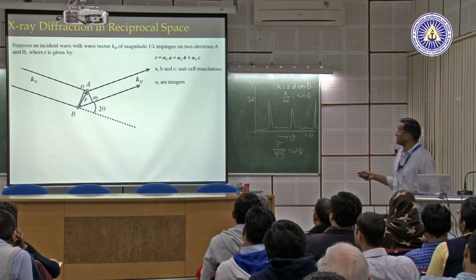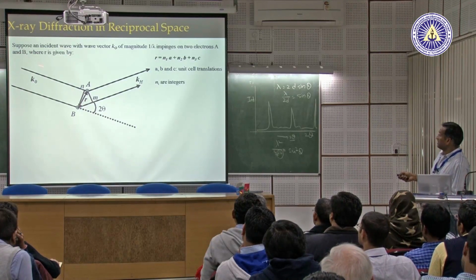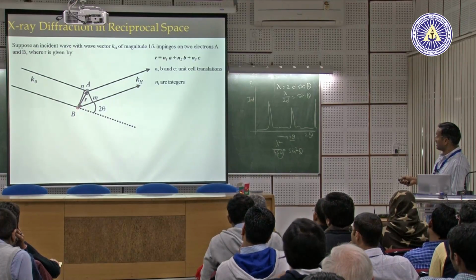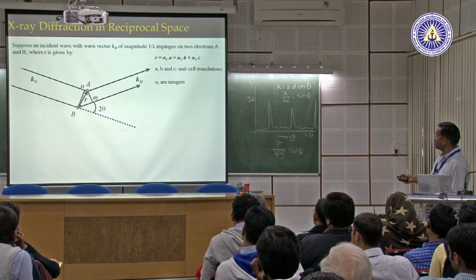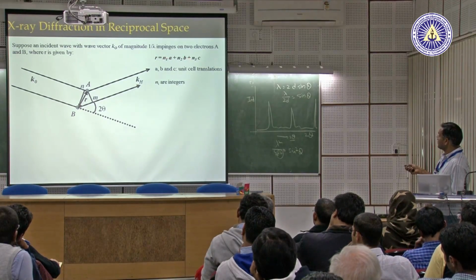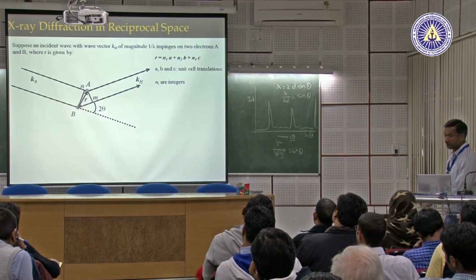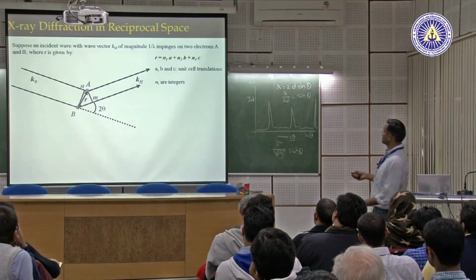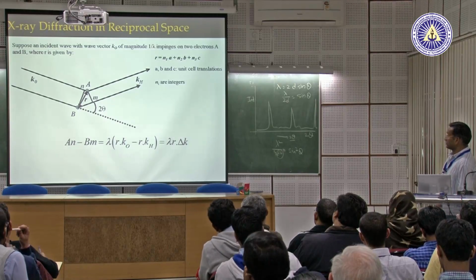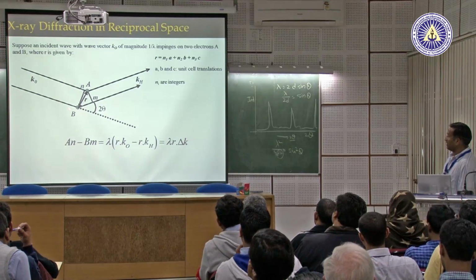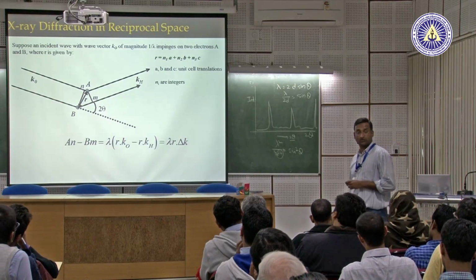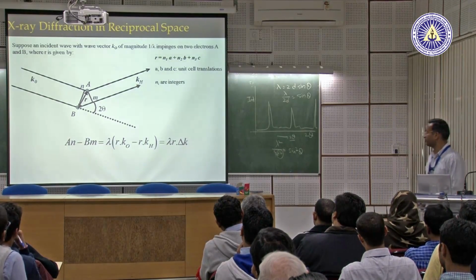or you can say atoms or particles, a periodic grating, and you can write the real space vector from B to A as R, which is n1A plus n2B plus n3C, where A, B, C are the unit cell translations and n are integers. For diffraction to occur, you apply the same logic: the path difference must be equal to integral multiples of lambda.